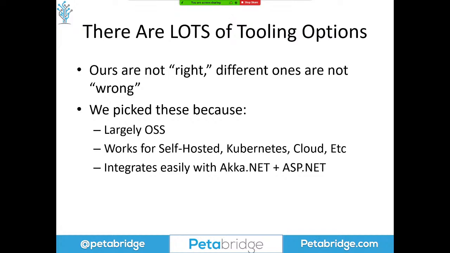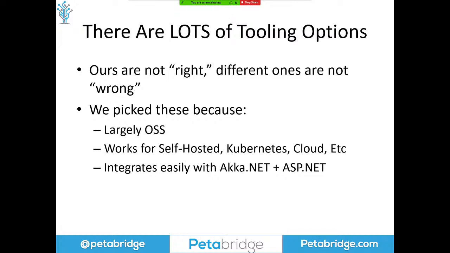So there's a lot of ecosystem support for each of them. In particular, these tools can work in environments like self-hosted on-premise software, Kubernetes, and a public cloud environment, you name it. But these tools also easily integrate with Akka.NET, ASP.NET Core, and other popular frameworks for building applications in the .NET ecosystem. So that's why we picked these.